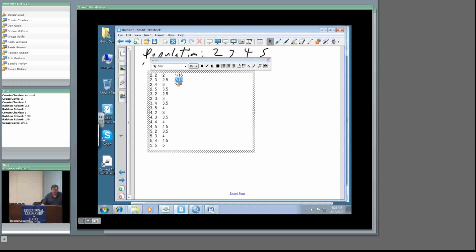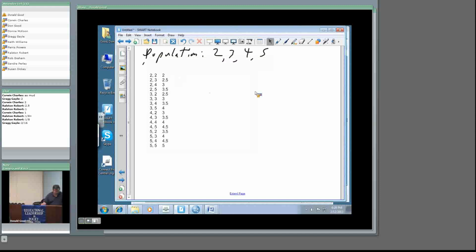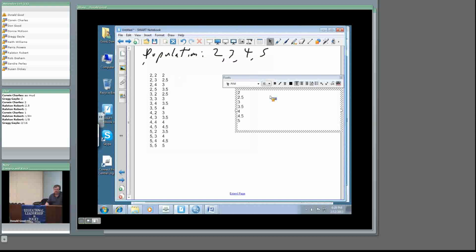If I look at these 16 outcomes, I get these 16 means, but again, they're not different means. So of all the possible means, I can get a 2, a mean of 2.5, a mean of 3, a mean of 3.5, a mean of 4, one of 4.5, and one of 5. So I can get 1, 2, 3, 4, 5, 6, 7 possible means. Some of them I'm more likely to get than others.